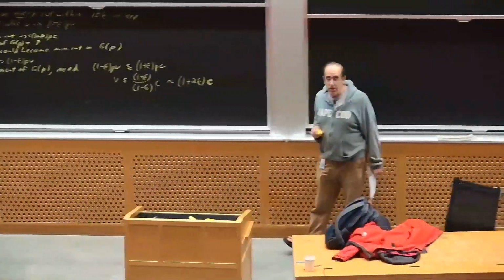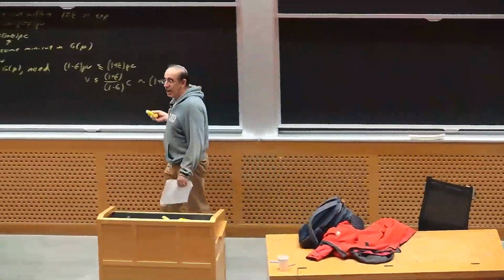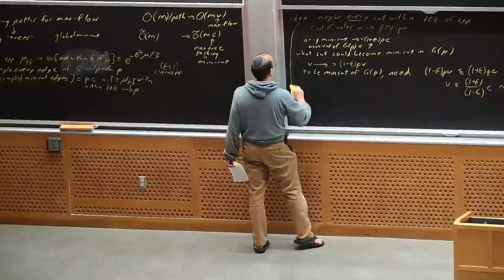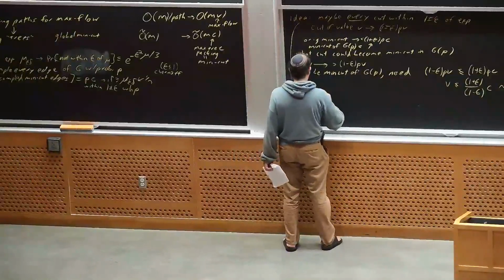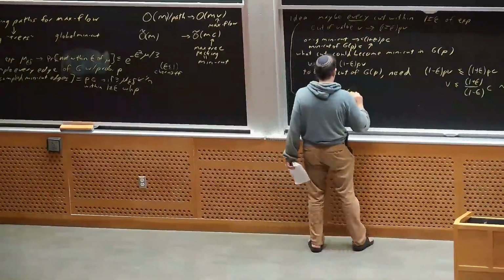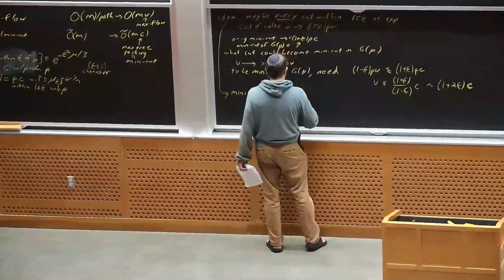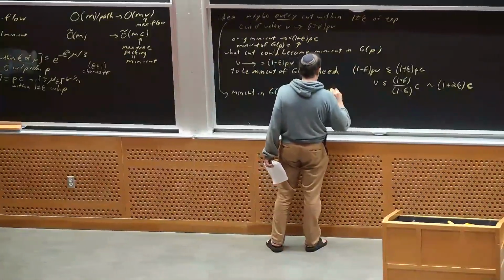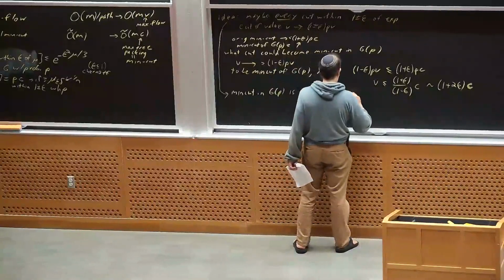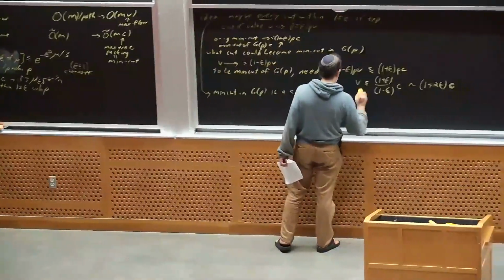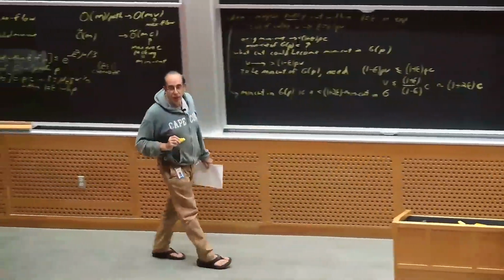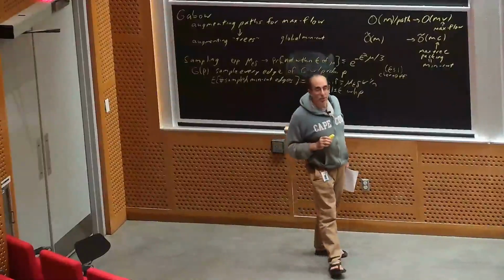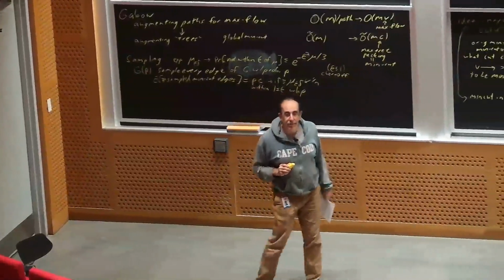So in summary, if every cut is within epsilon of its expectation, then the min cut in G of p is less than 1 plus 2 epsilon times the minimum cut in G. And so we have found an approximately minimum cut in this sampled graph, right?